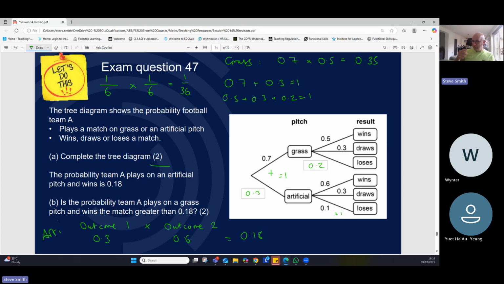Obviously, there's 6 sides. If we're talking about a pack of cards, there's 52 cards in a deck. If we get a red card out of that deck, well, half the cards are red, because half are black, spades and clubs, and then half are red, hearts and diamonds. So if we pick one card at random, it's half a chance it's going to be red and half a chance it's going to be black. So it'll be 26 in 52, which is a half.